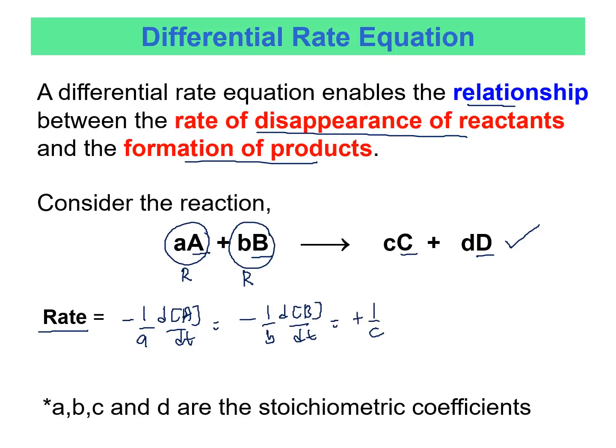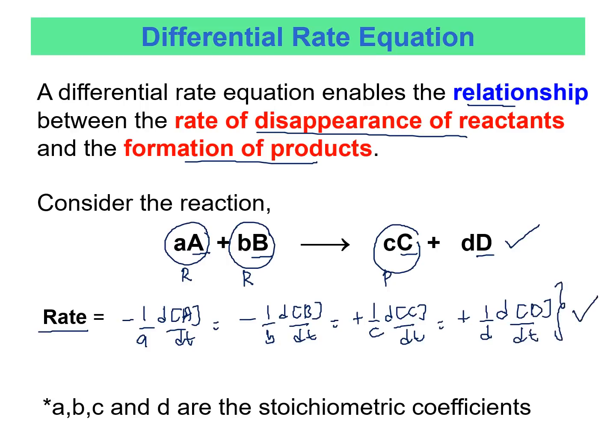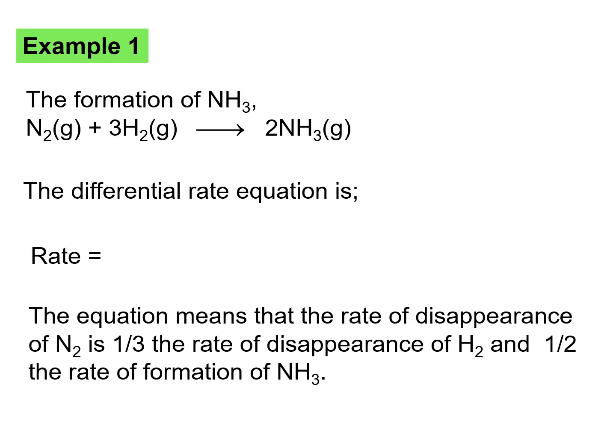Kenapa positif? Because C ini adalah your product. Times change concentration of C over dt equals to positive 1 over d times change concentration of D over dt. This is what we call the differential rate equation. Let me try example 1.